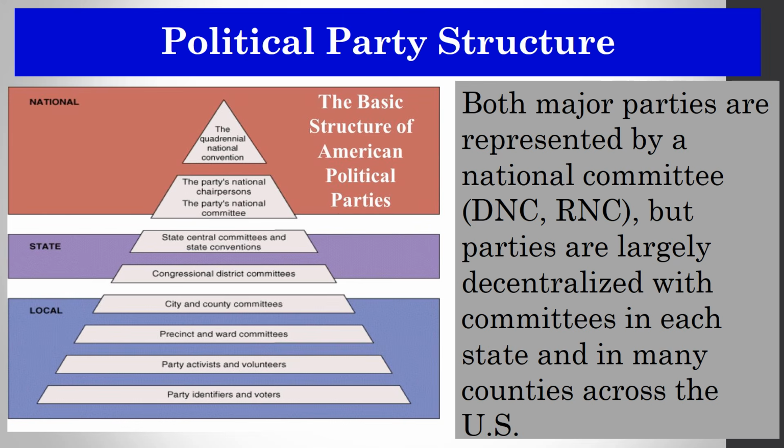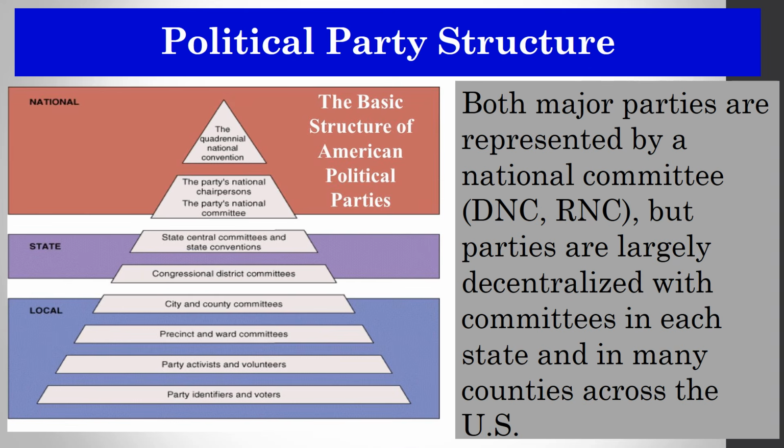And so they sometimes will go right along with what the national party wants them to do or say. But sometimes they may march to the beat of their own drum. There are occasions when the state party and the national party don't see eye to eye.